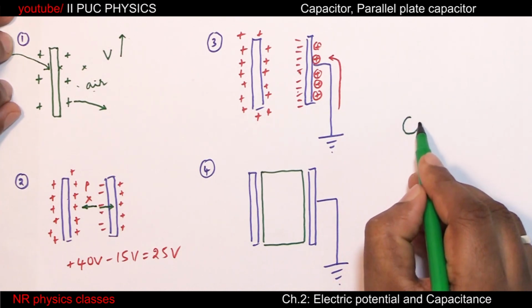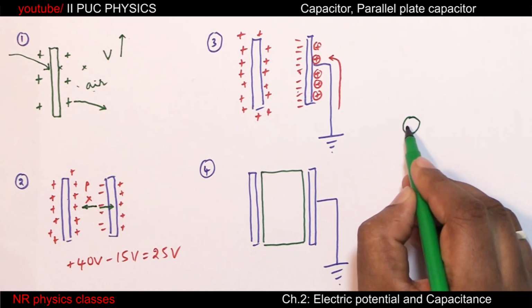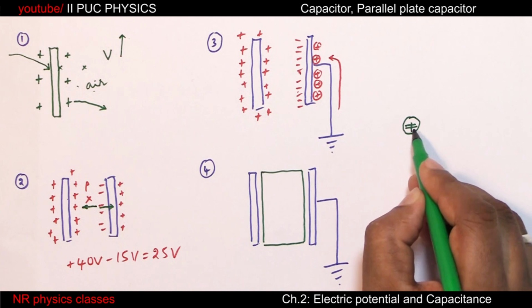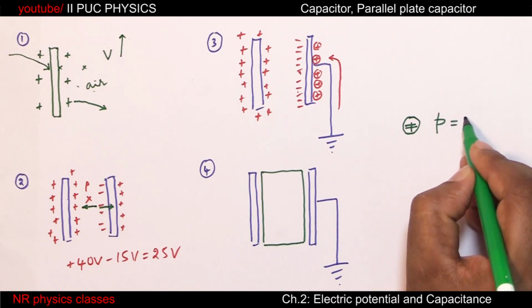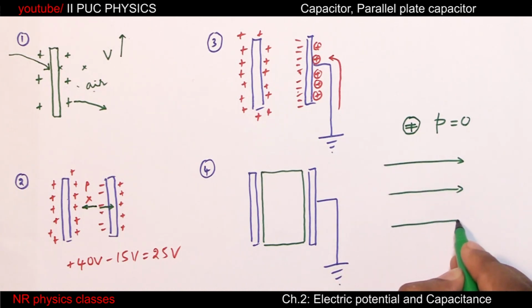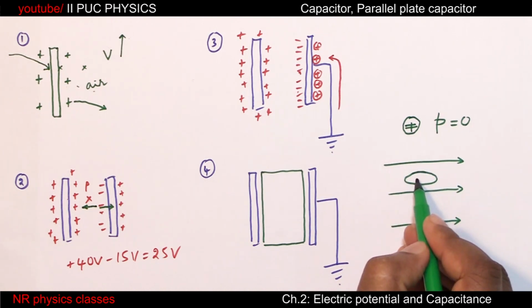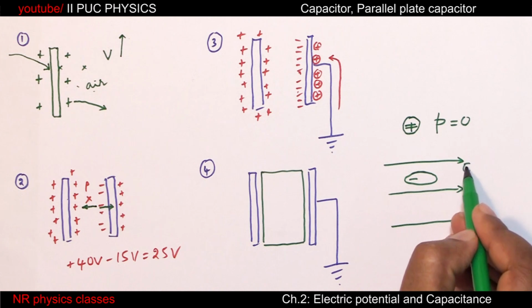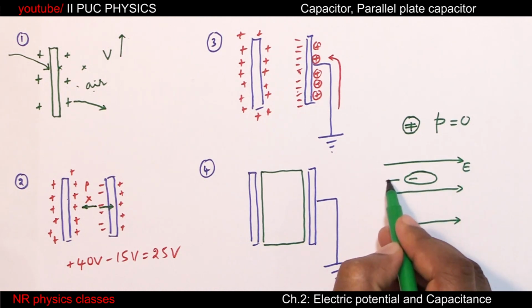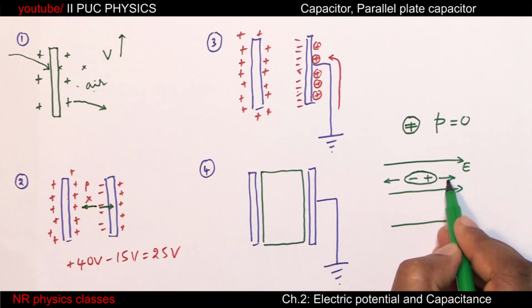This is a molecule, spherically symmetric or symmetric molecule. Symmetric molecule means the negative charge center coincides with the positive charge center, just like center of mass, thereby dipole moment equal to 0. But when an electric field is applied to the molecule, the molecule is distorted because the negative electron cloud experiences force against the external electric field, means in this direction, and the other side, which is more positive, will experience force in the direction of the field.